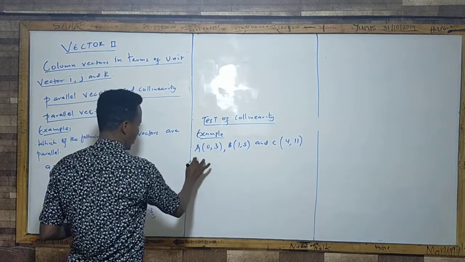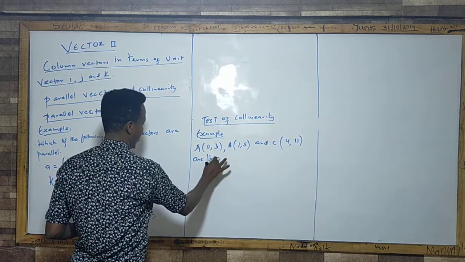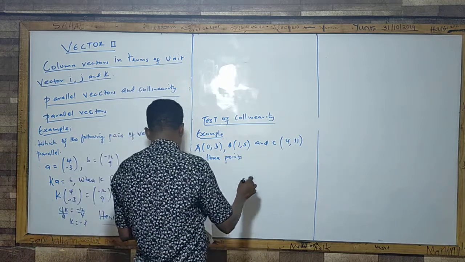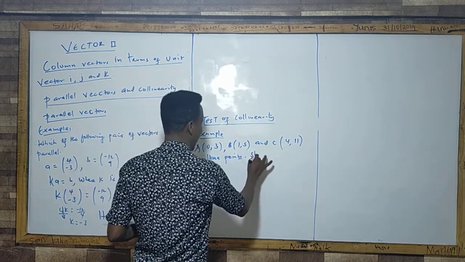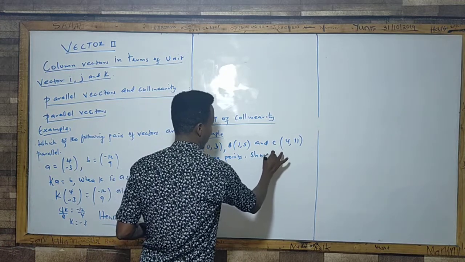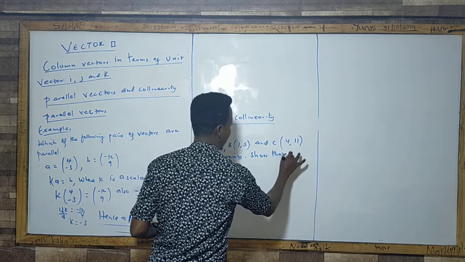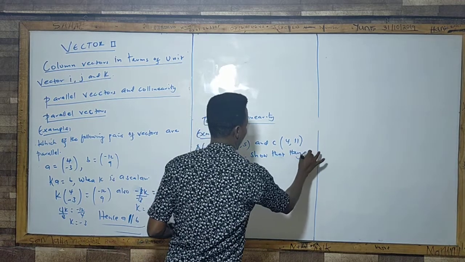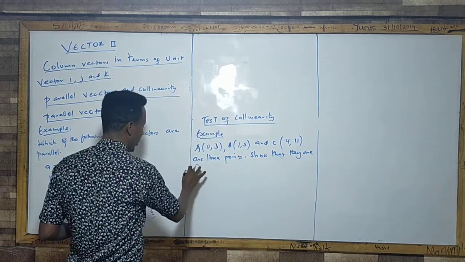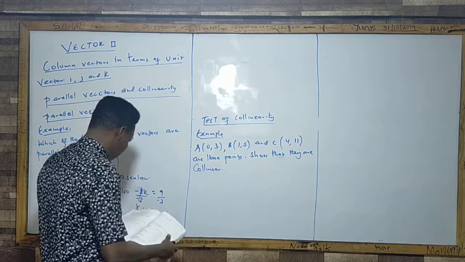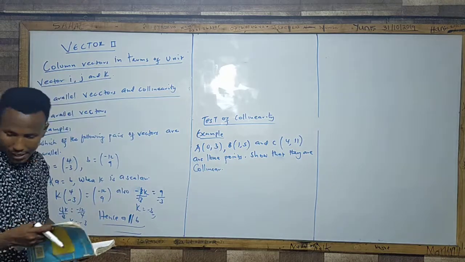These are 3 points. Show that they are collinear.